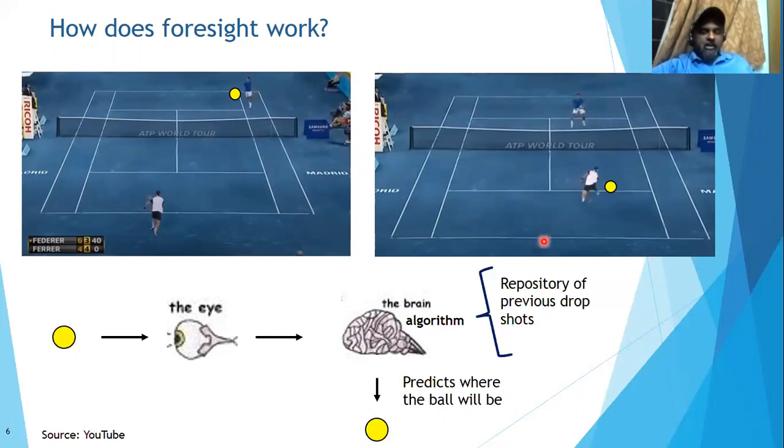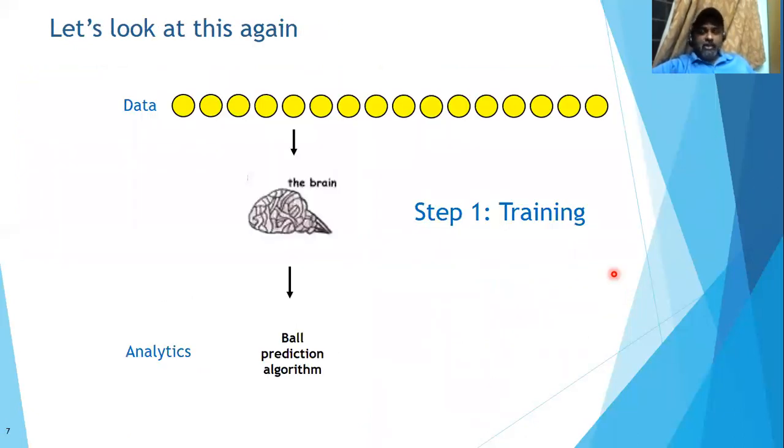So how does our eye, that sees a shot, predict where the ball will be a few seconds later? Similar process: we see the ball, the optical nerves carry that information to the brain, and this time the brain runs a prediction algorithm using the repository of previous such shots that the player has seen. That, in a nutshell, is how data analytics works.